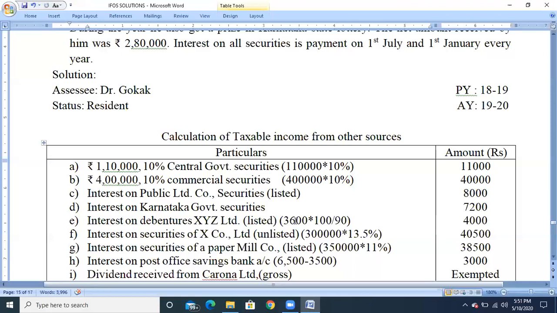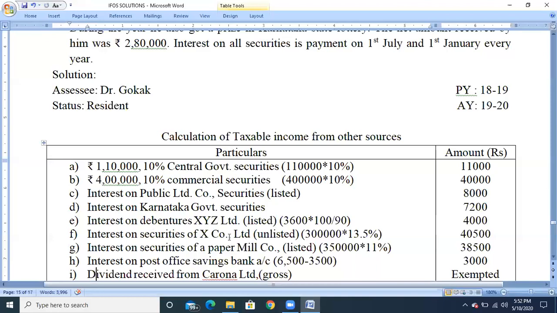It is assumed that it's a net amount. So the net amount has to be converted to the gross up by using the formula net amount into 100 divided by 100 minus tax rate. The tax rate for interest on security is 10%. So 100 minus 10, 90. You get 4,000 as a gross up amount, taxable under the head income from other sources.